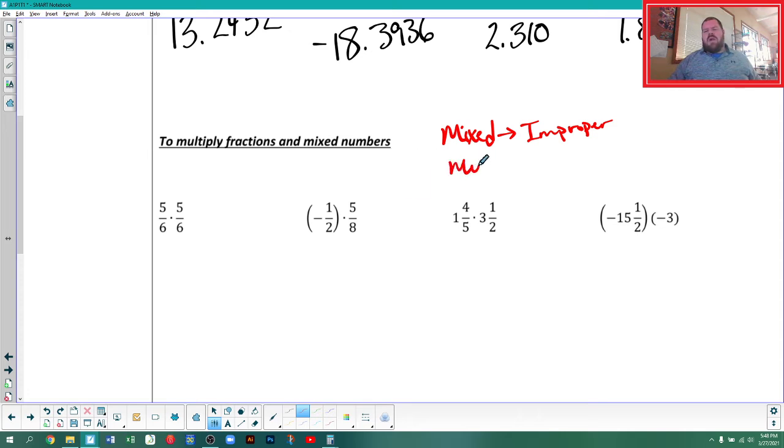We want to multiply straight across. Multiply numerator times numerator, denominator times denominator, and you're done.